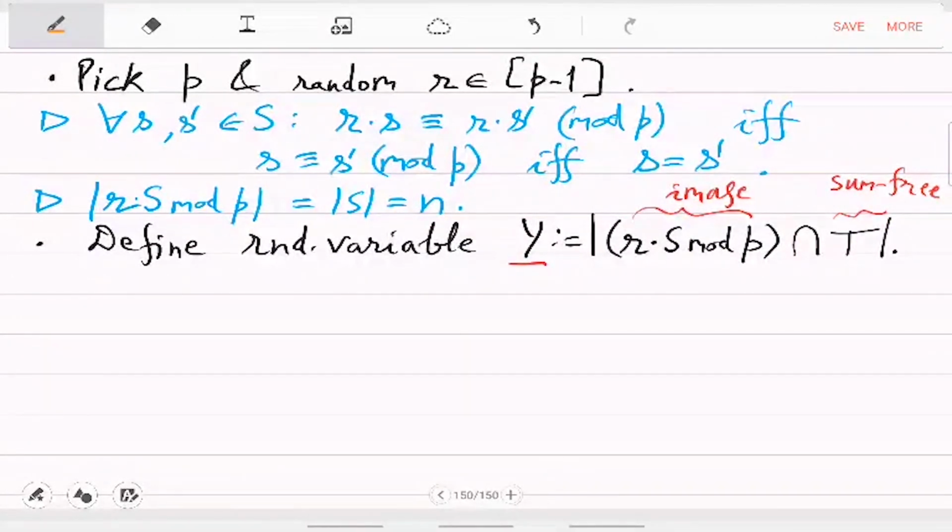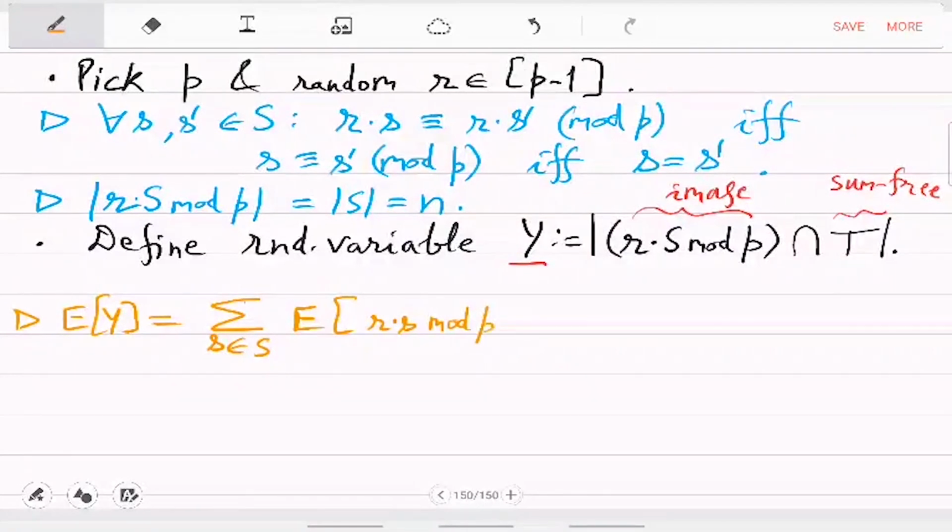The expectation, right. What is the expectation? So expectation is over the elements of RS mod P, there are n elements, so go over all of them and see whether this particular element is in T. So we have to also look at the elements in T now. It becomes a double summation.